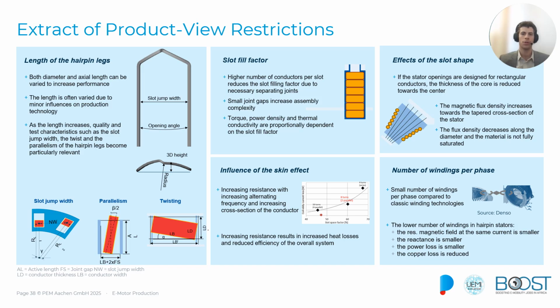This reduces the effective area available for current flow, increasing resistance and potentially causing inefficiencies in electrical systems. By the way, that's the reason why we don't use a single flat conductor which fills the whole slot.